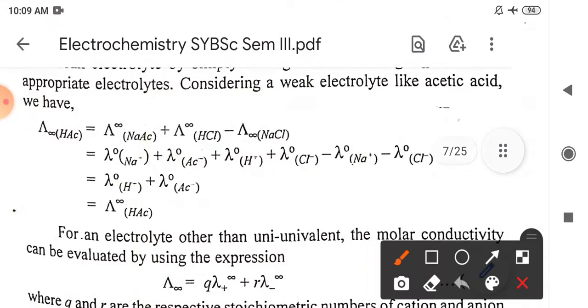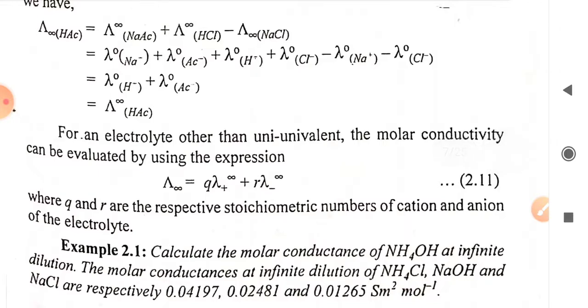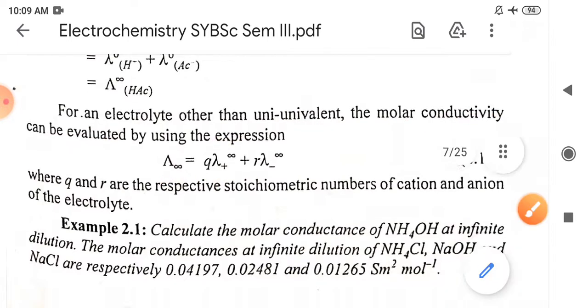And if you are given the table, you can directly add the H plus ion and acetate ion conductivities at infinite dilution, and simply by adding them you will get the molar conductivity at infinite dilution for the weak electrolyte, that is acetic acid. Now for weak electrolytes other than univalent ones, because till now we have seen only univalent ions, the molar conductivity can be evaluated by the expression lambda m naught is equal to Q into lambda plus of infinity plus R into lambda minus of infinity, where Q and R are the stoichiometric coefficients in the given formula.